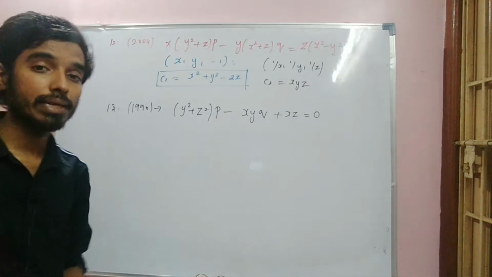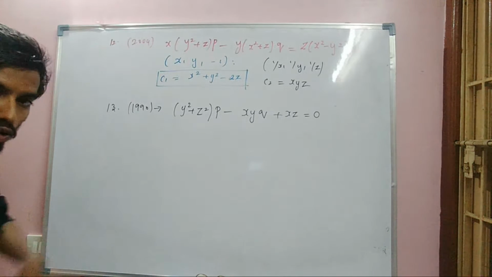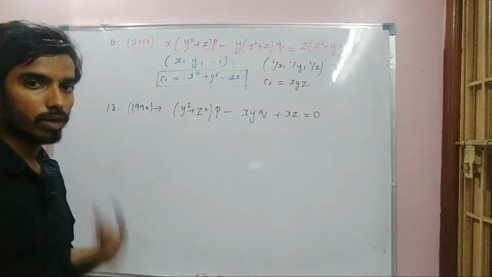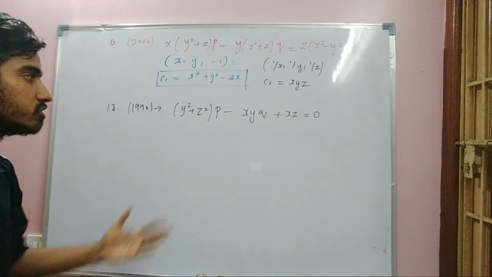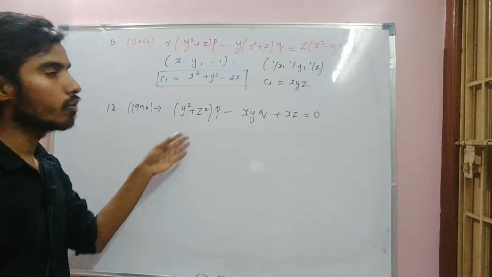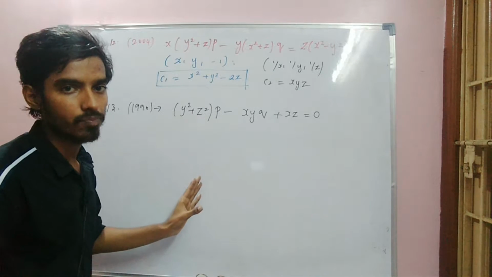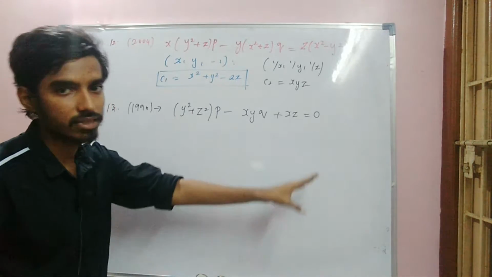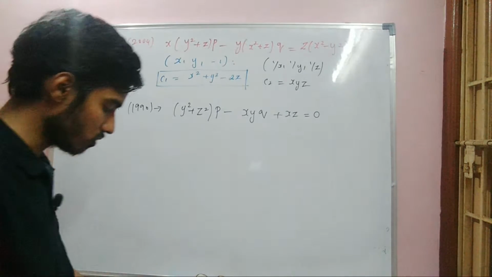Now you find another multiplier. You can go with 2 multipliers, or 1 multiplier and 1 grouping, or 2 groupings. You can do anything, or else you can also make some adjustment, like you can add dx plus dy plus dz, or dx plus dy, or dx minus dy. So you can group first.